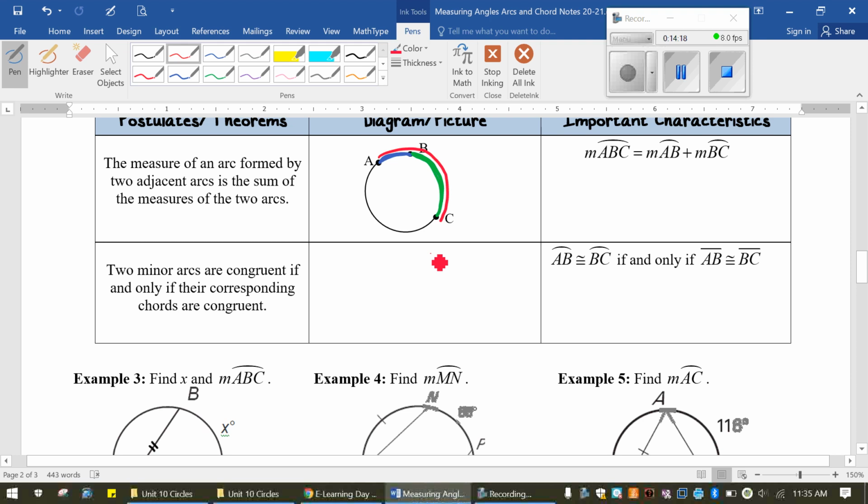What happens here is that we have a circle, and we're going to have two chords. And this will be A and C, and this is B.